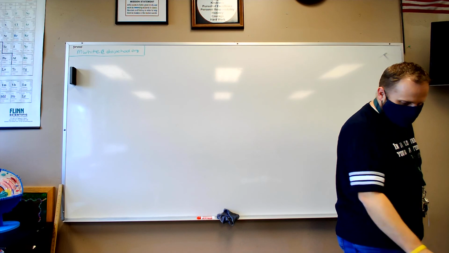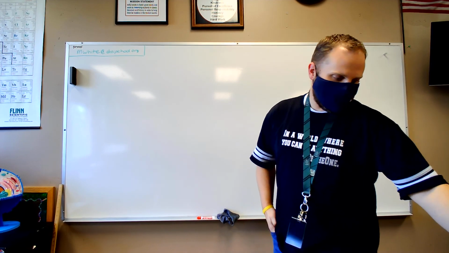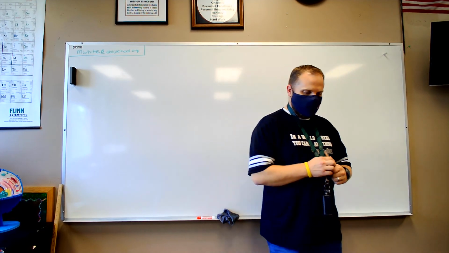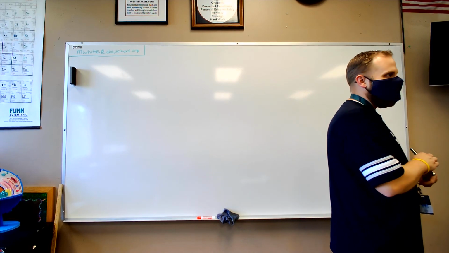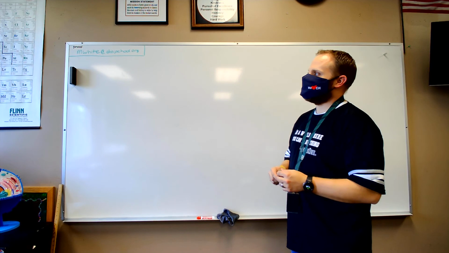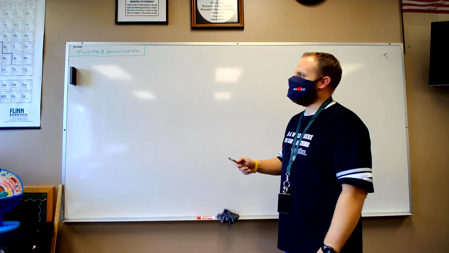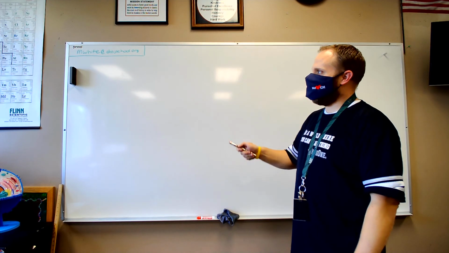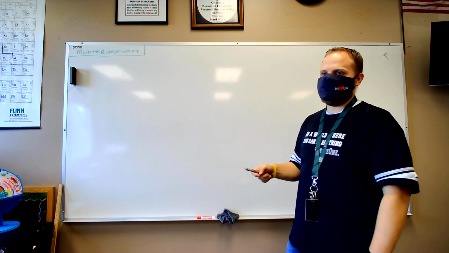Now, when we talk about the periodic table, we have 2 major ways that we group things. Okay, so the vertical columns going up and down, those are called groups.